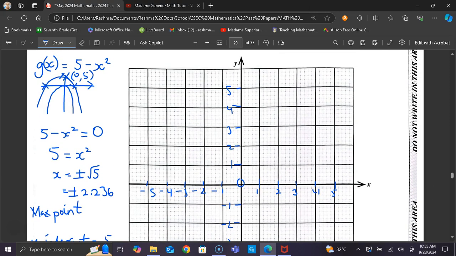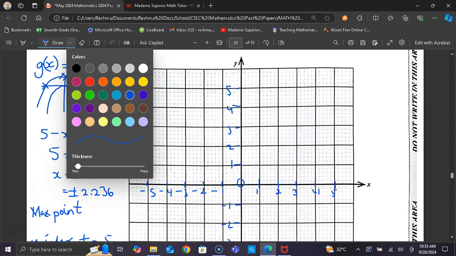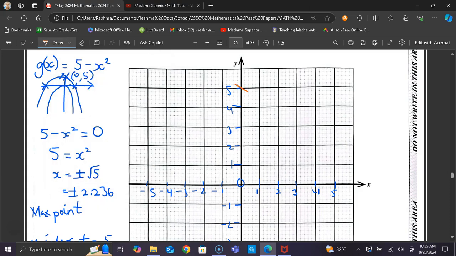So we said that the maximum point is going to be 0, 5. Let me actually do this in a different color. Then we have our two roots, plus or minus 2.236. So 2.236, and then negative 2.236.